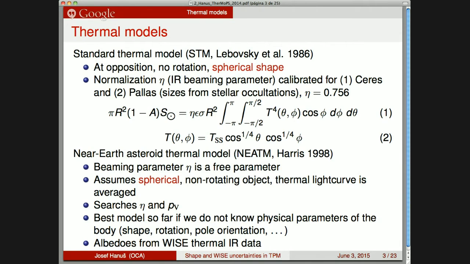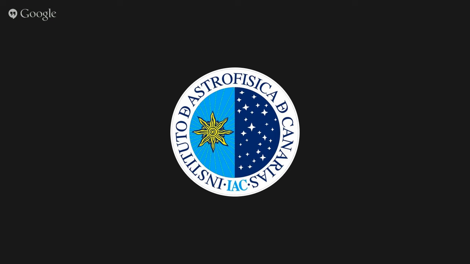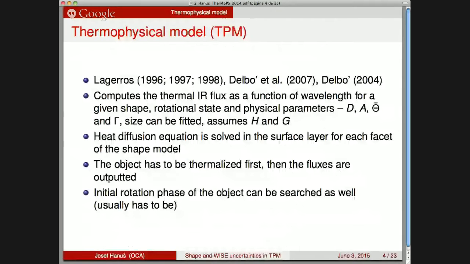On the other hand, the thermophysical model aims to use more realistic shapes and compute the temperature profile on the surface for a set of parameters like size, albedo, surface roughness, and thermal inertia. They also assume the H and G values.